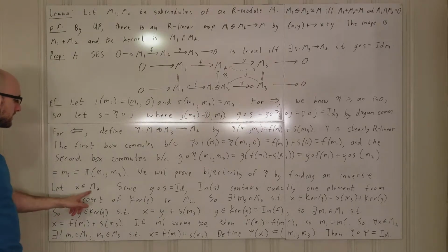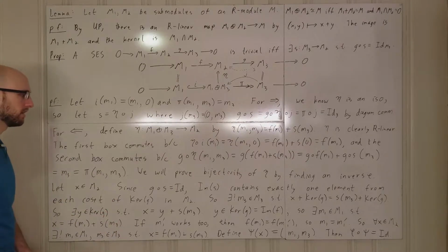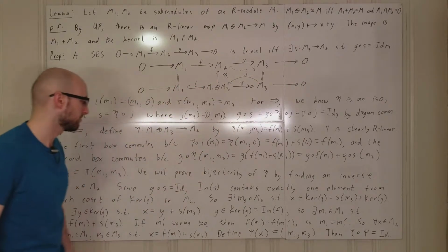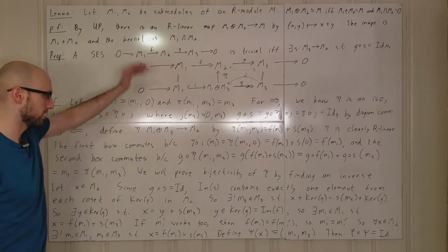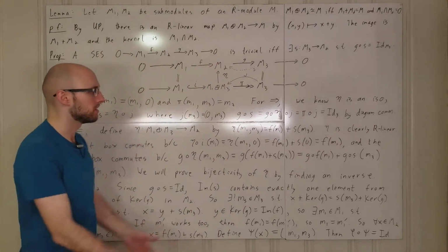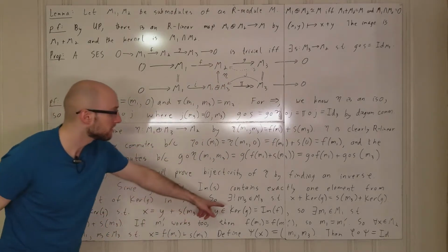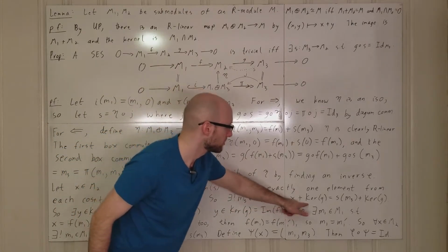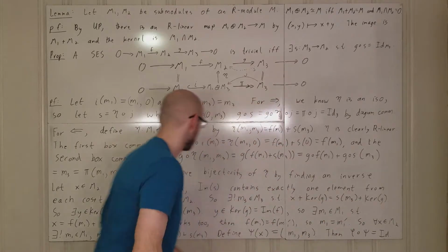suppose we have an element x in M2, then it's in some coset, and so whatever coset it's in has some representative from the image of M3 under S. So there exists, and it's unique because we have uniqueness, a unique m3 in capital M3 such that this coset is the same as this coset.